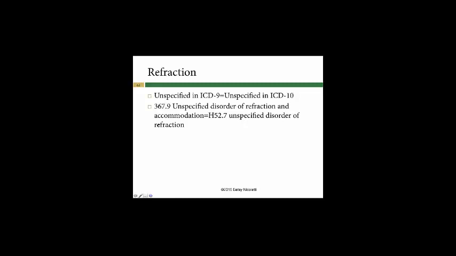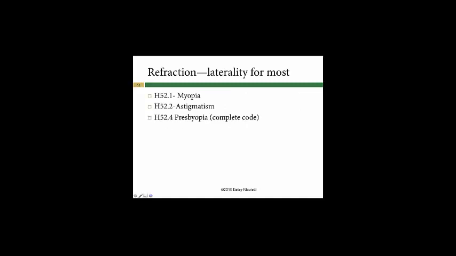And here's an example where I think we would be better served if we had 367.9 not to map to H52.7, unspecified disorder of refraction, but to go to the disorders of accommodation and see what kind of problem it is. And now we know if we do that, we're going to have codes for right, left, bilateral, and unspecified. So that would be the better thing to do than to just cross to this unspecified code.